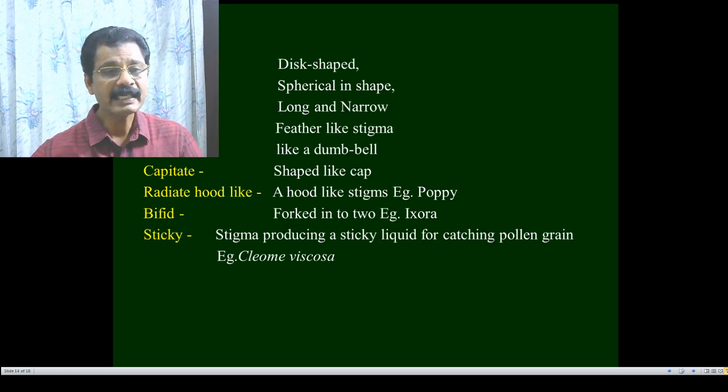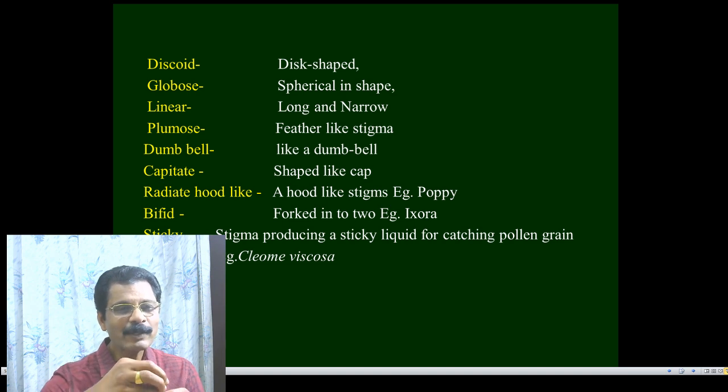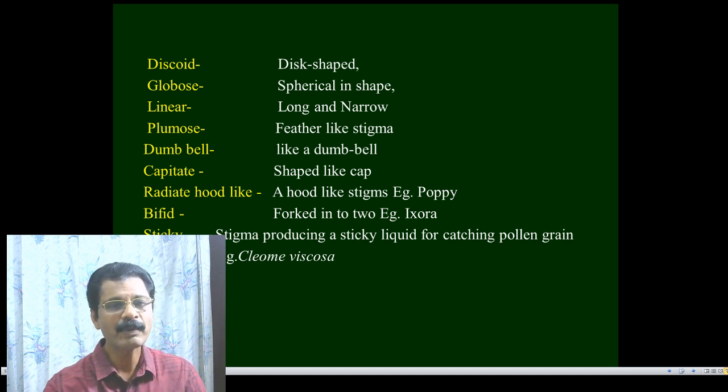Sometimes you can see a disc-like stigmatic lobe. Such stigmas are called discoid. Sometimes spherical in shape, then it is called globose. Sometimes the stigmatic lobes are long and narrow, then it is called linear stigma. Sometimes the stigma is feather-like, then it is called plumose stigma.